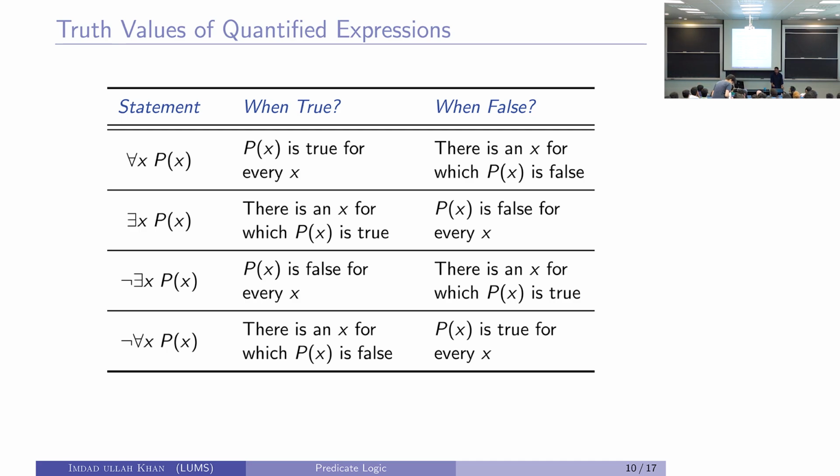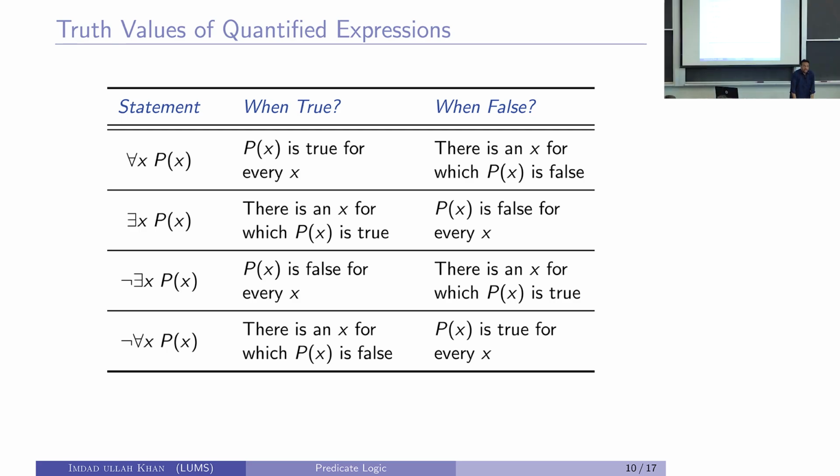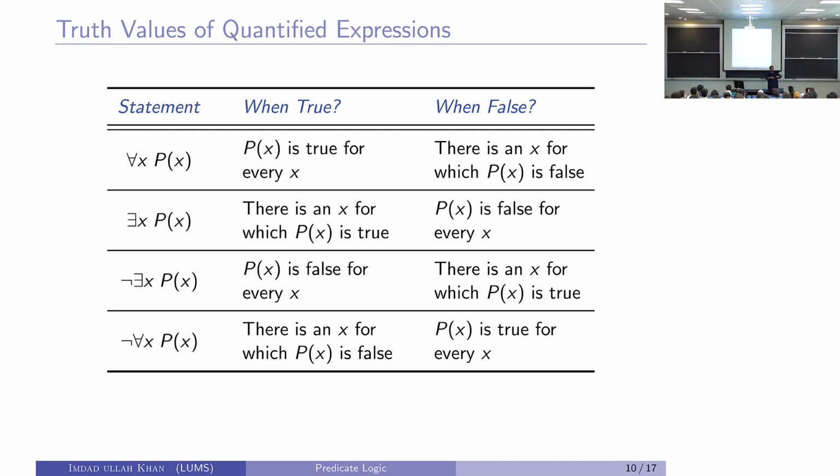And when is the negation of "there exists x, p of x" true? P of x is false for all x. Not there exists x, p of x is true when p is actually false for all possible values of x, right?